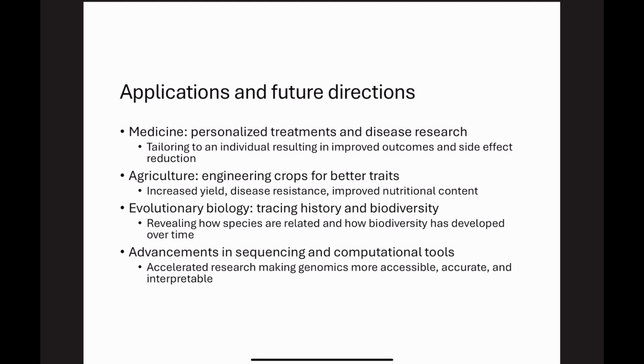In evolutionary biology, they help trace the evolutionary history of species and allow us to understand biodiversity. And continued advancements in sequencing technologies and computational tools promise further breakthroughs in understanding life at molecular levels.